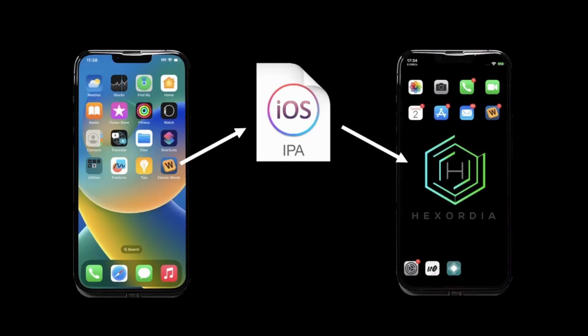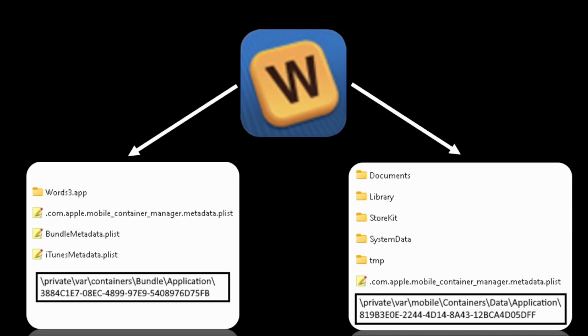Now, the best solution is just to get the IPA file from the device which you acquired your evidence from, and then we will repackage the actual raw application into an IPA, and then we can transfer it over to our new test device and then install it there. So to do that, we will need to find the application bundle from within our file system.